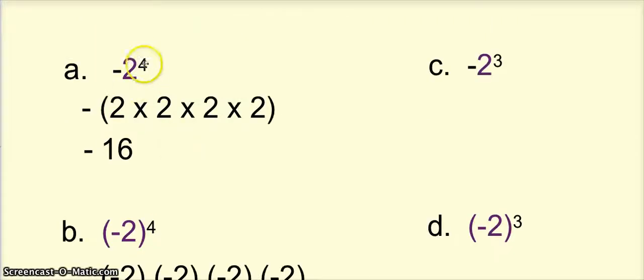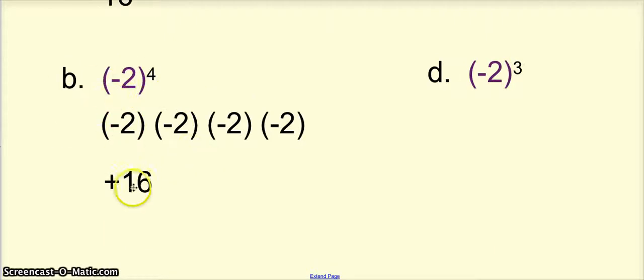Notice that when the exponent is even, then I get different answers. I'll get a different answer if there's no parentheses versus parentheses around the base number. So in part A, I got negative 16, whereas in part B, my final answer was positive.